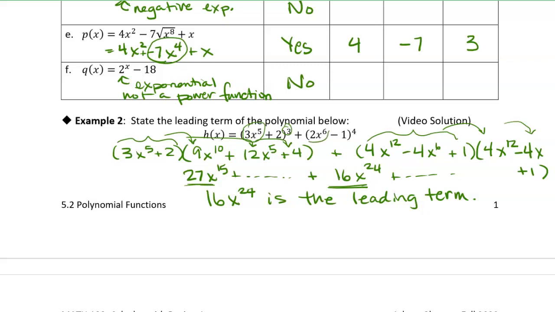And if I take 2x to the 6th to the 4th power, that's going to give me the leading term of the second part of this expression. And so I get the 16x to the 24th. That is 2x to the 6th, the whole thing to the 4th power. So then you can save yourself some work and not have to expand everything out.